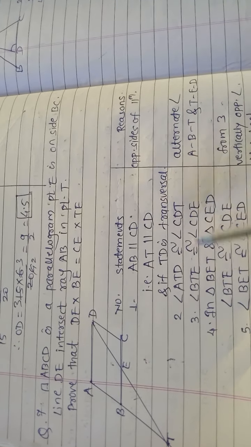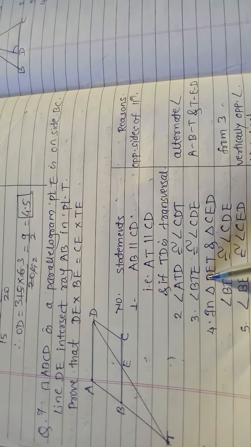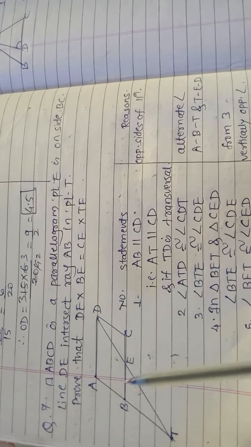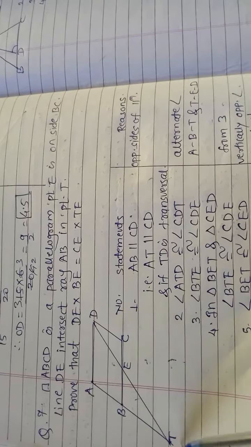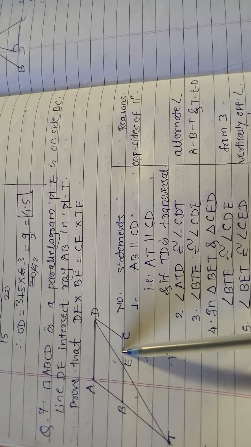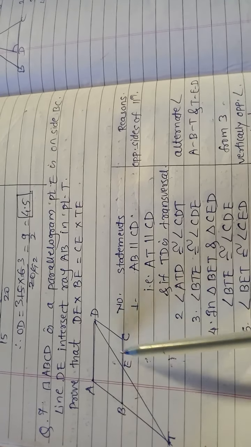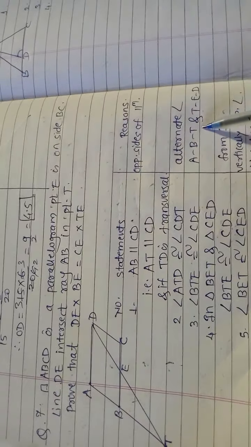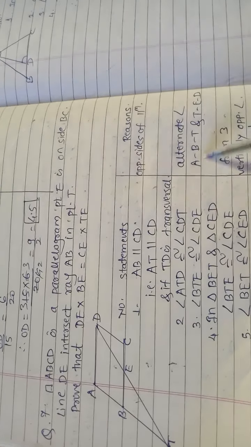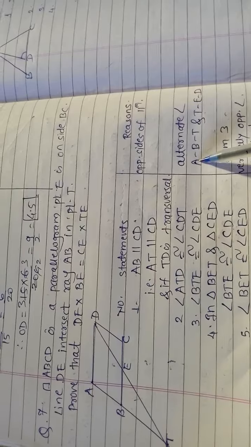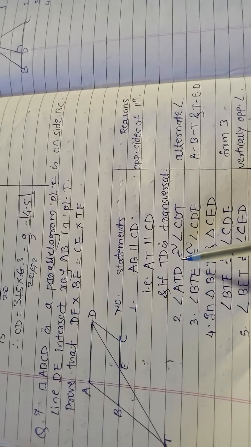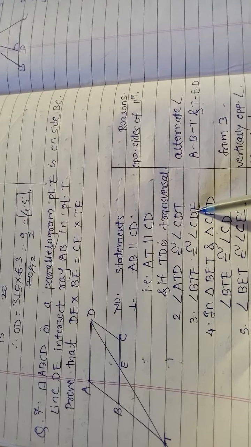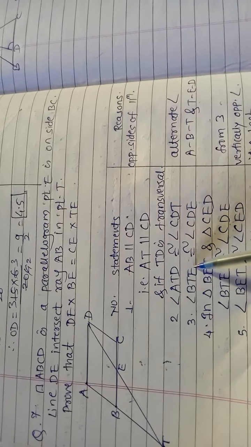So these are the alternate angles. And angle BTE is congruent with angle CDE. We are just changing the name of the angle, so I write here A dash B dash T. Instead of this one, you can also write it by changing the name of the last vertex. These angles are the same.